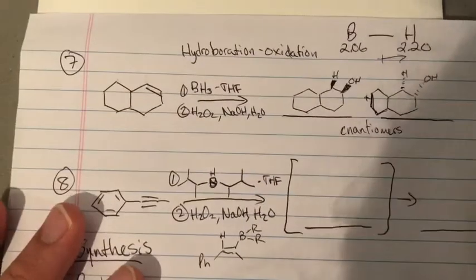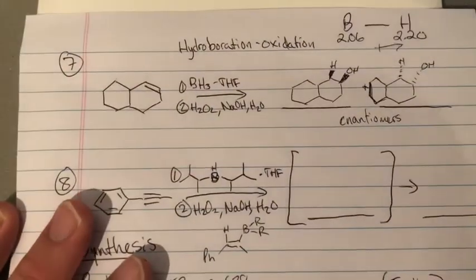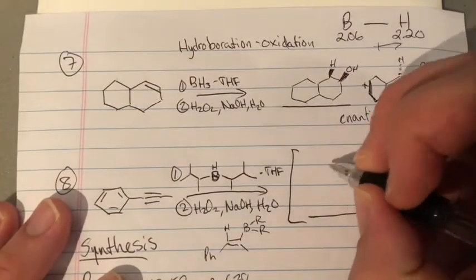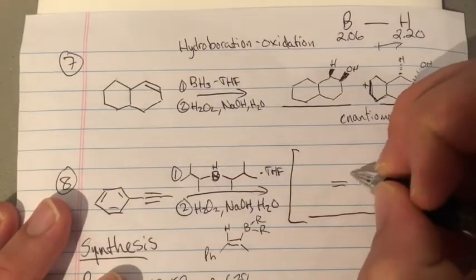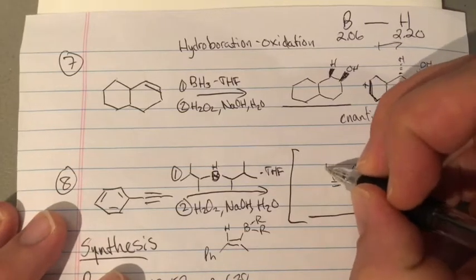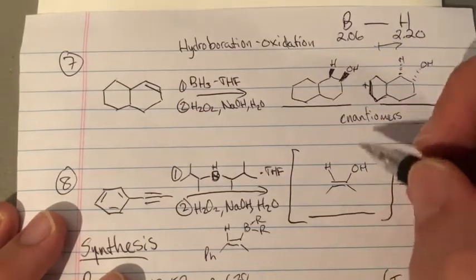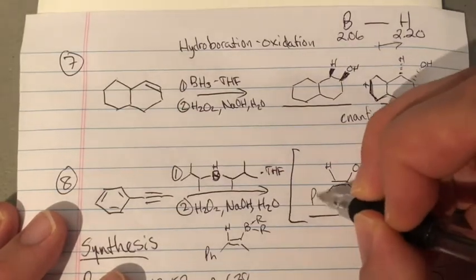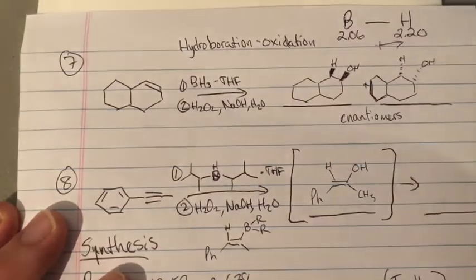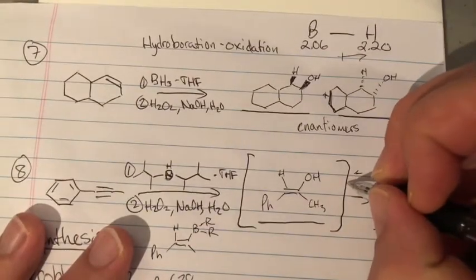I'm just trying to really drive home here that you're going to form an anti-Markovnikov product. In this case, you're going to form, not so surprisingly, an enol. Again, syn addition here. And what you know about enol versus keto forms is that very little of it favors that form.